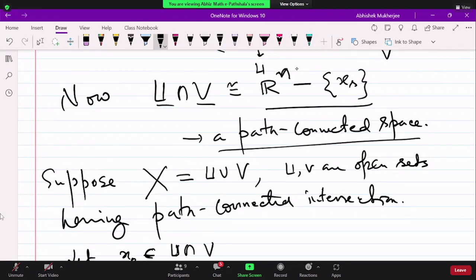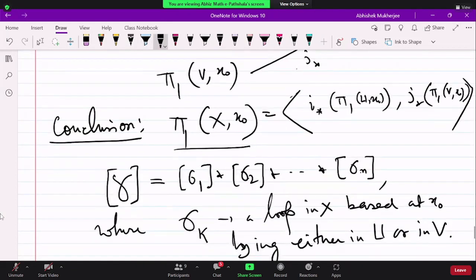Therefore, the fundamental group of S^n will be generated by the images of the fundamental group of U and the image of the fundamental group of V, which are nothing but trivial groups. So that means they will generate ultimately a trivial group. Okay, so one can conclude that.